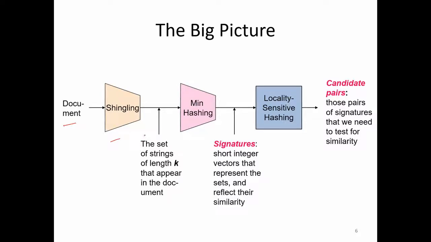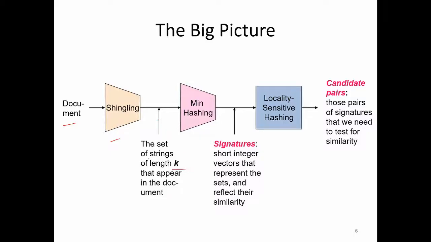Computing shingles for each document, you can do it one document at a time, in one pass in a streaming manner. After you have done that, you have a set of strings of length k that appear in a document. We will come to what exactly shingles are.